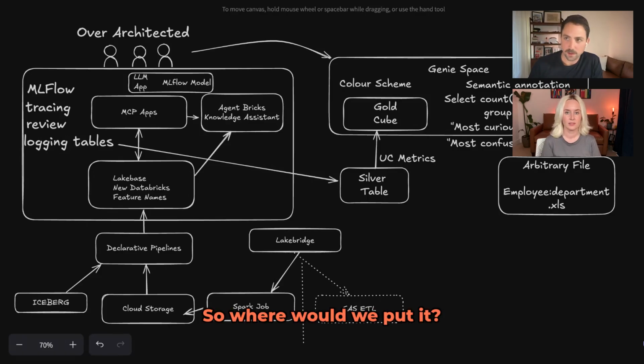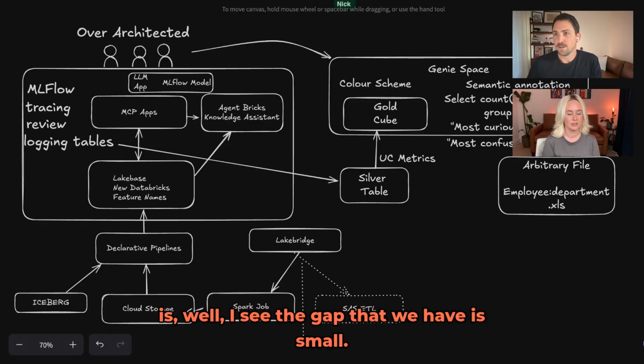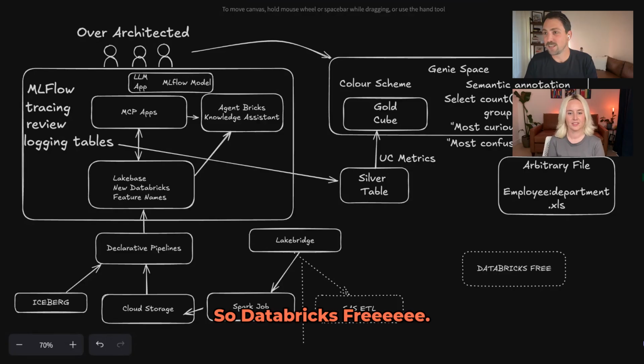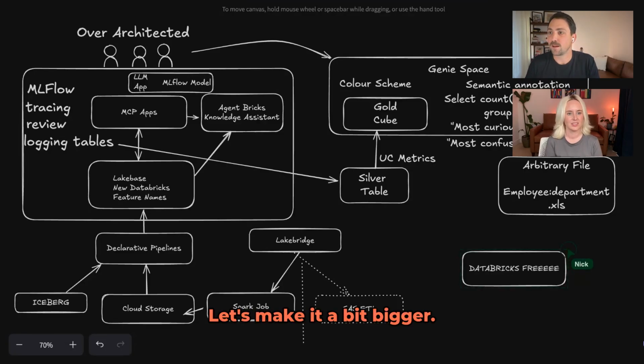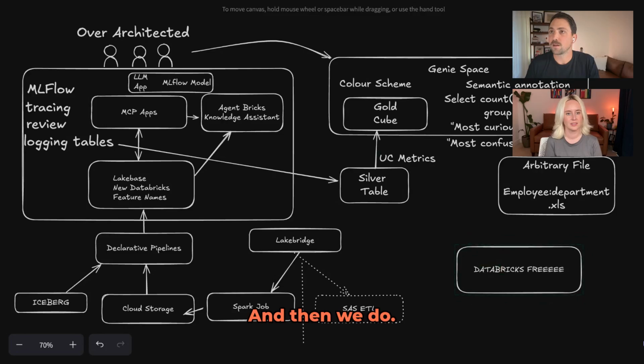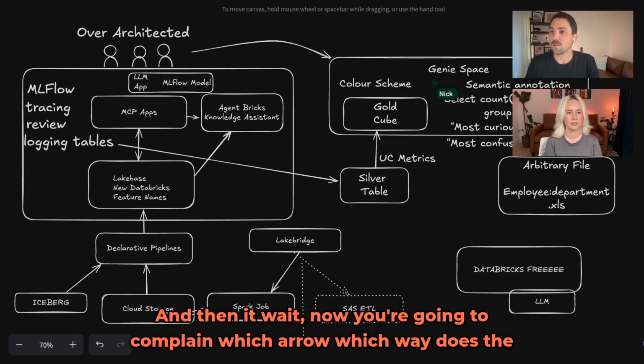So where would we put it? See, a nice big space. The gap that we have is small, so Databricks Free. Let's make it a tad bit bigger. And then we do LLM and kind of like that. And then wait, now you're going to complain which way does the arrow go?